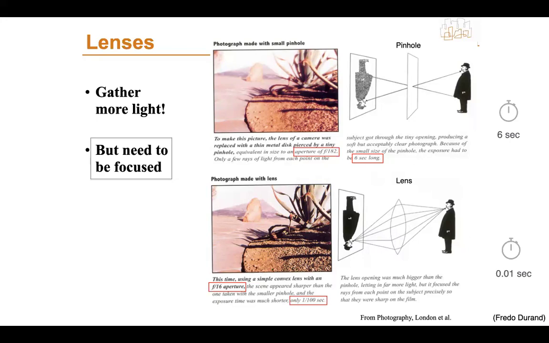And that's enough to freeze the movement of slow moving objects. And if we have lenses with larger aperture, we could capture sports, or racing cars, just to freeze the motion, right?